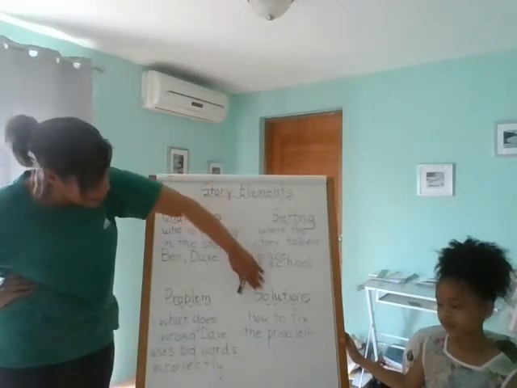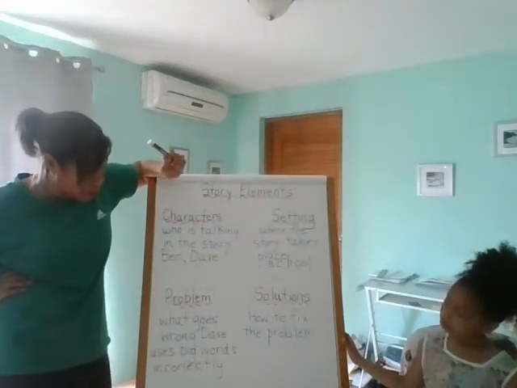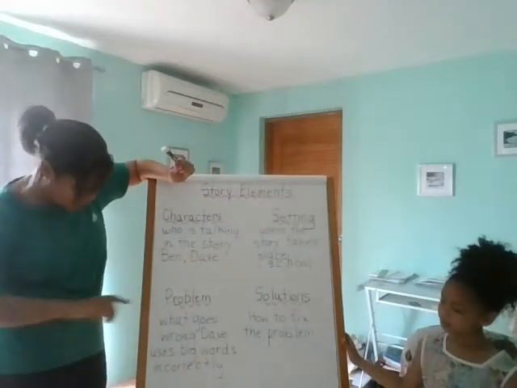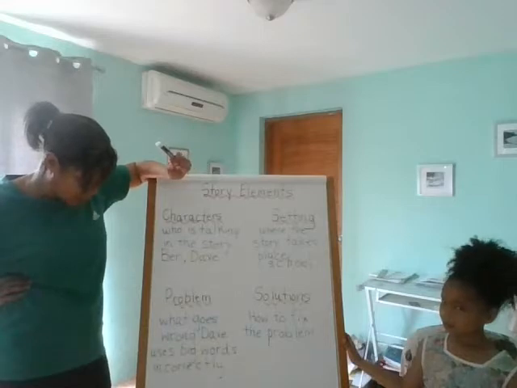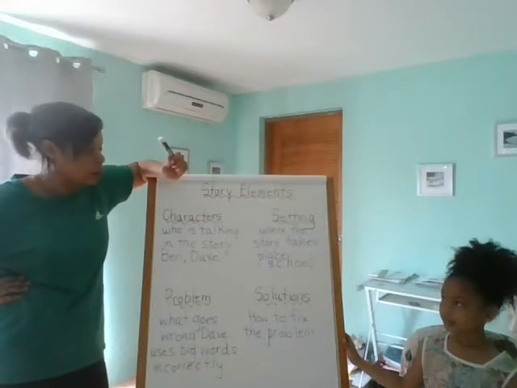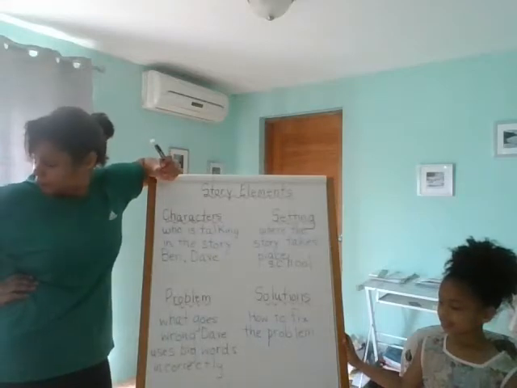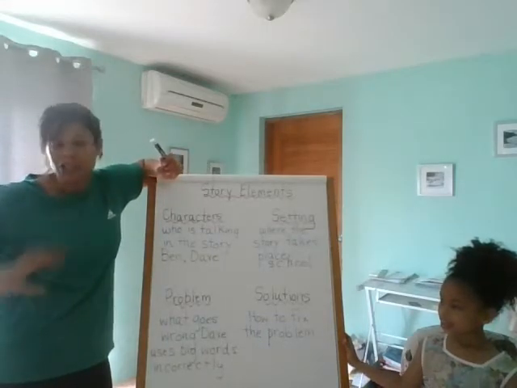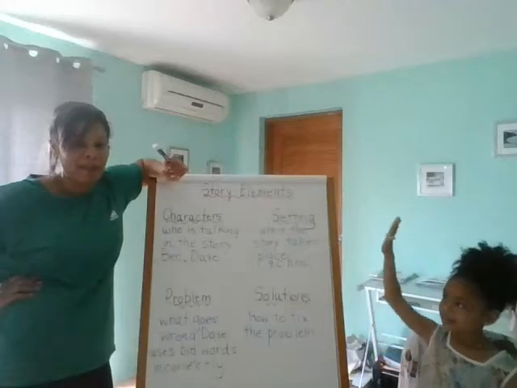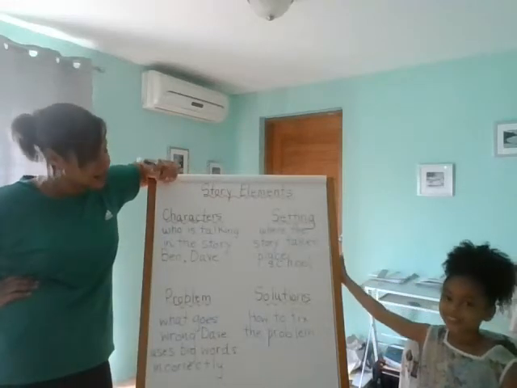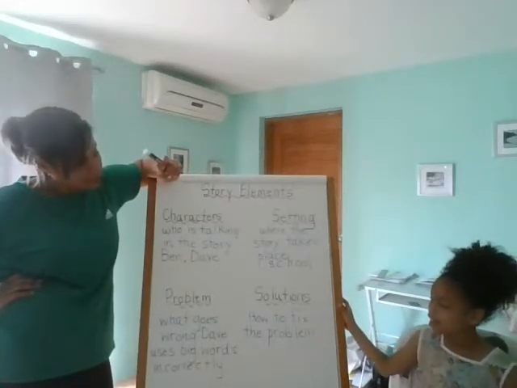And the last thing to think about, the last story element, solutions, how to fix the problem. So this is our problem. Dave uses big words incorrectly. So how do characters go about fixing the problem? Anybody? Okay, so put me on pause, and now listen to Olivia. Okay, go ahead, Olivia. Ben, he helped him.